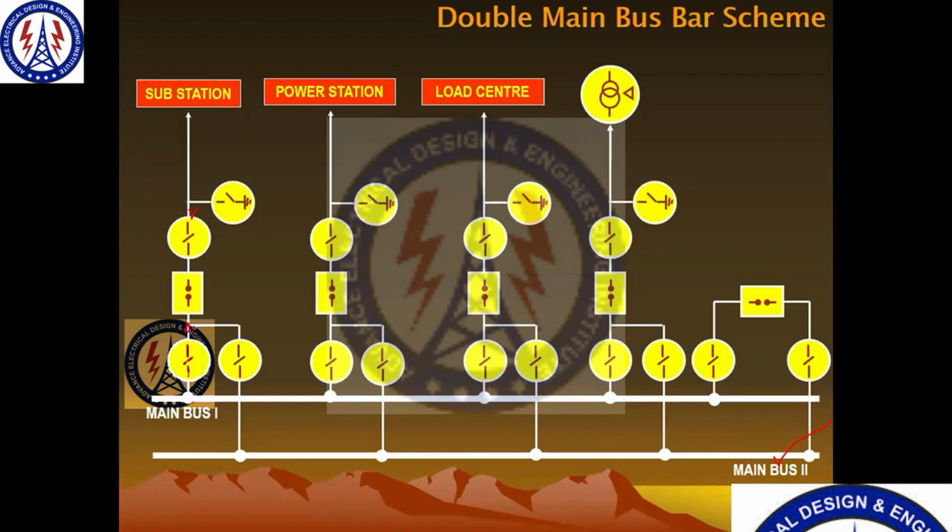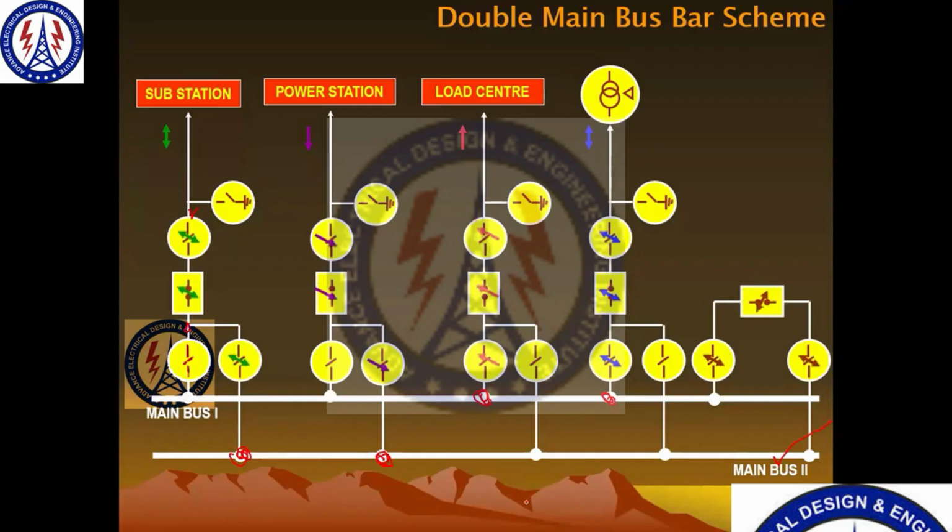Got it, everyone? Now here you can see the system is working in a healthy condition. So with this, you can see the first two feeders are connected on bus 2, and the last two feeders are connected on bus 1.